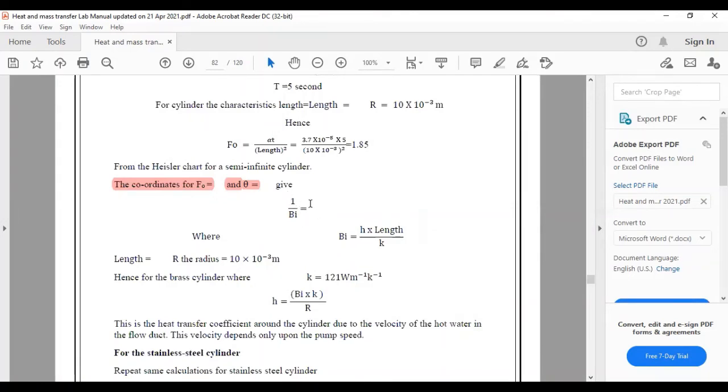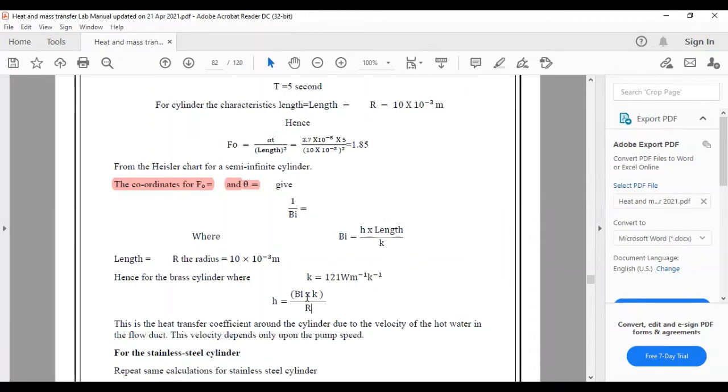If we adjust the formula, the Biot number, as we already mentioned in the previous session, is equal to h times length over k, so h will be equal to Bi times k over r.